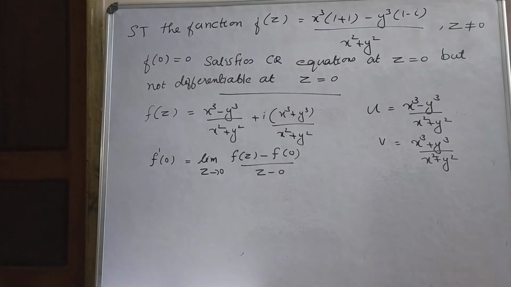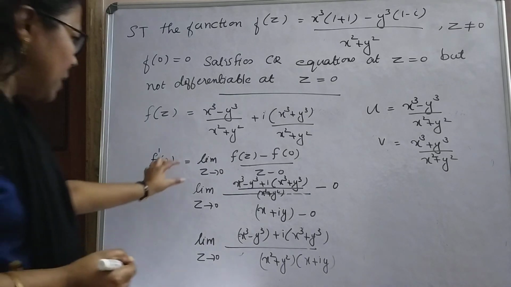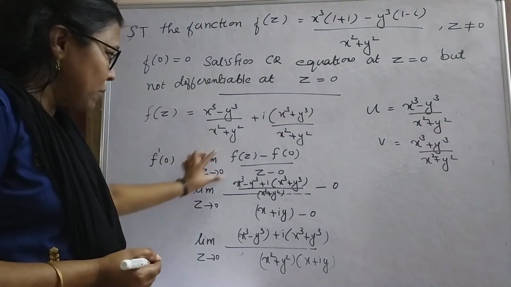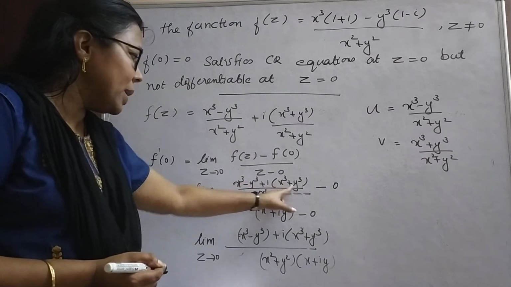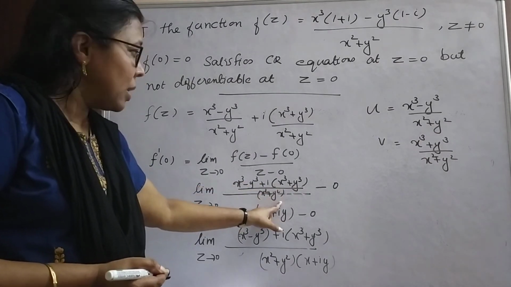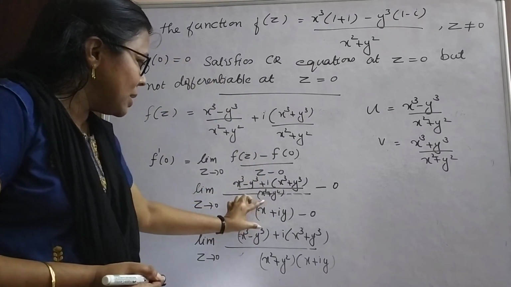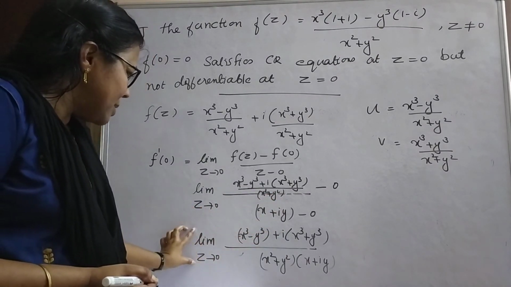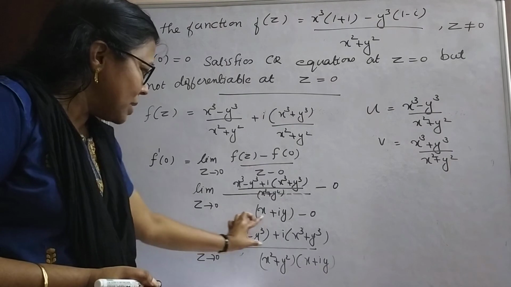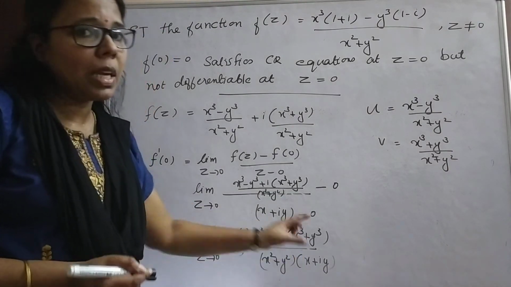Here, limit z tending to 0, f(z) is (x cube minus y cube plus i into x cube plus y cube) by x square plus y square. Also, f(0) is 0, by z minus 0. z is x plus iy. Therefore, it can be written as limit z tending to 0, [(x cube minus y cube) plus i(x cube plus y cube)] / [(x square plus y square)(x plus iy)].